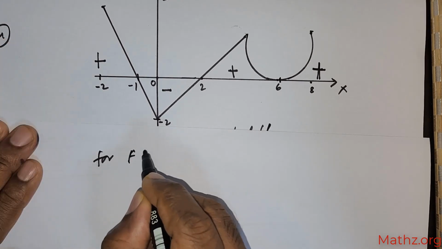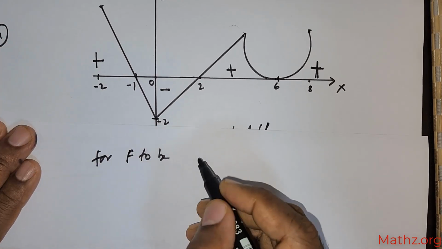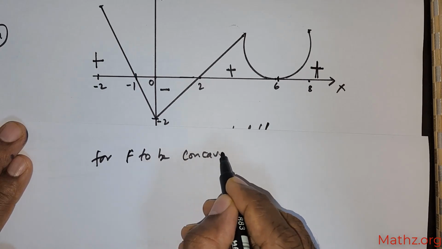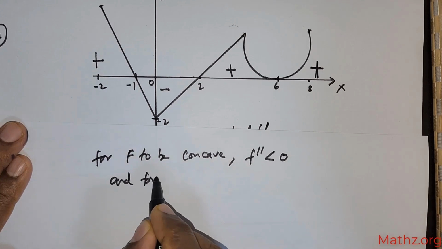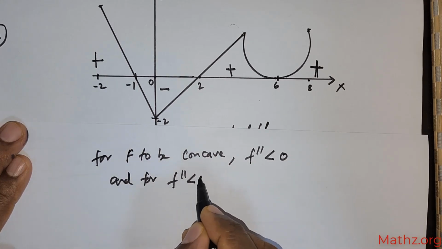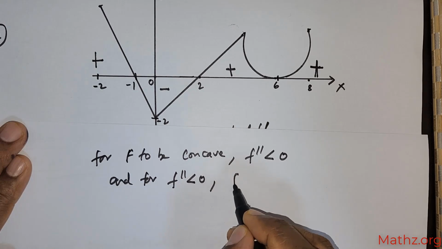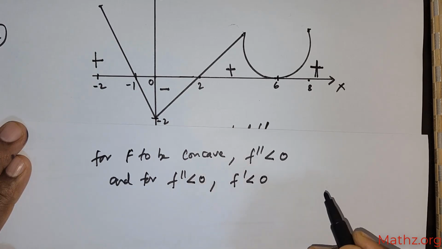For f to be concave, f dash should be less than 0, and for f dash to be less than 0, f dash should be decreasing.